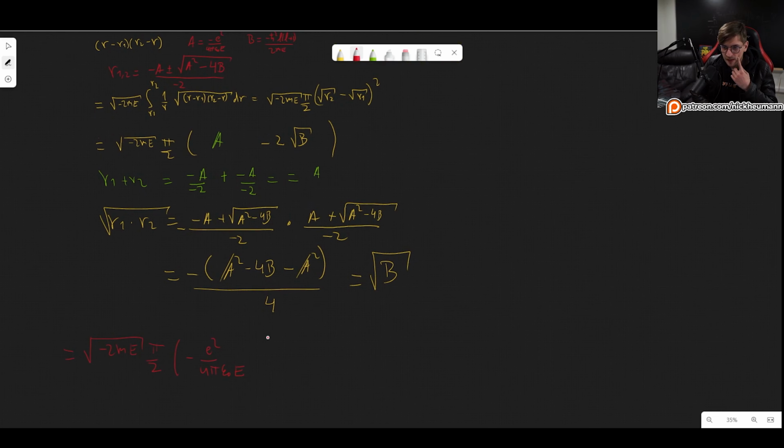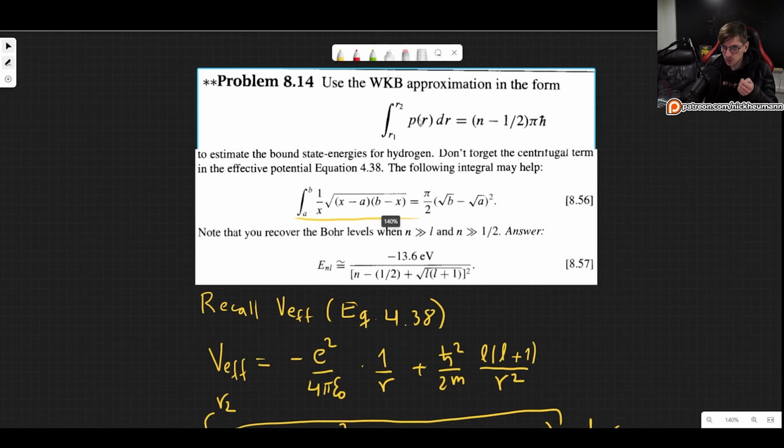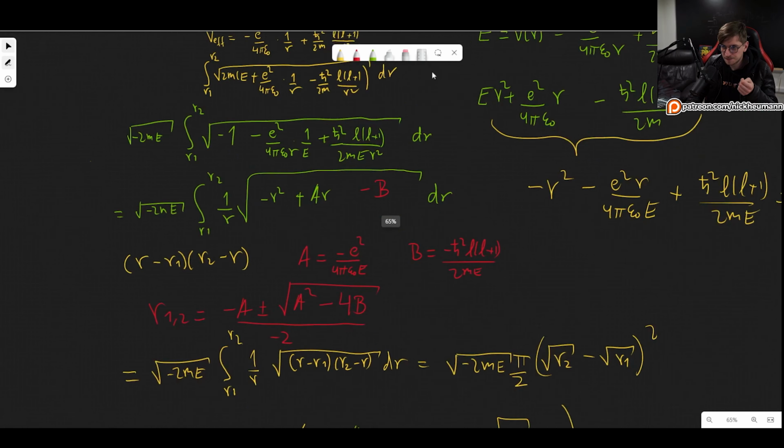And then we have minus 2 times the square root of b, so minus 2 times the square root of minus h bar squared l plus 1 divided by 2me. And all of this has to be equal to n minus 1/2 times h bar pi, right? That is simply going way back to this expression. So we plugged that in.